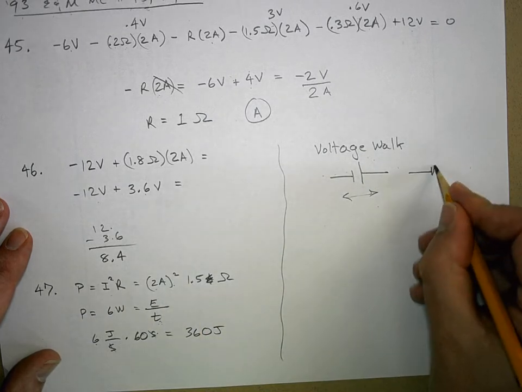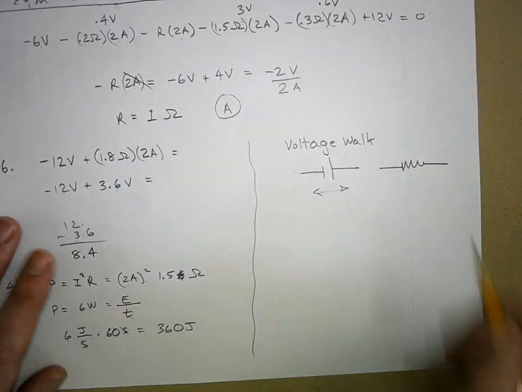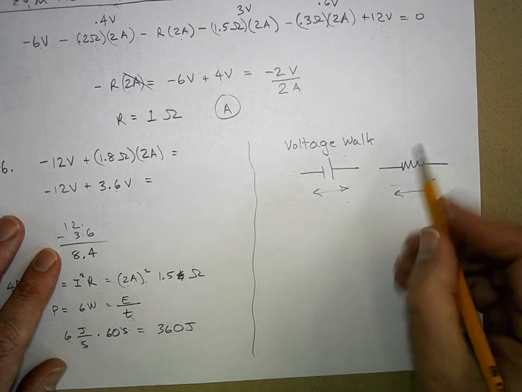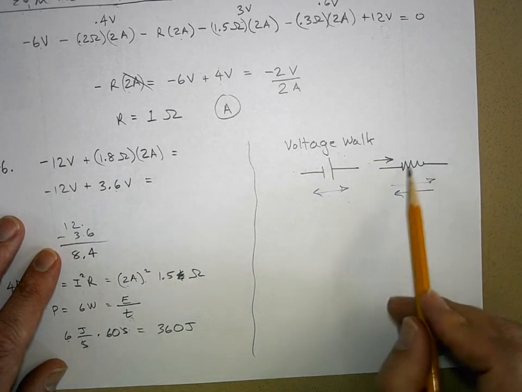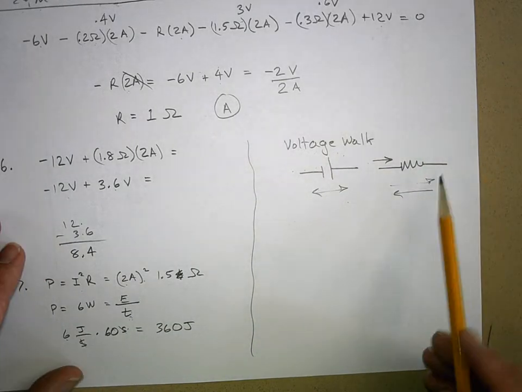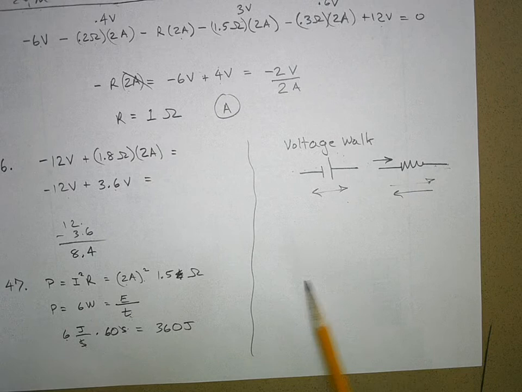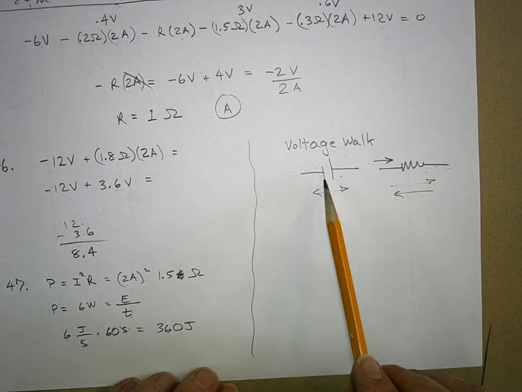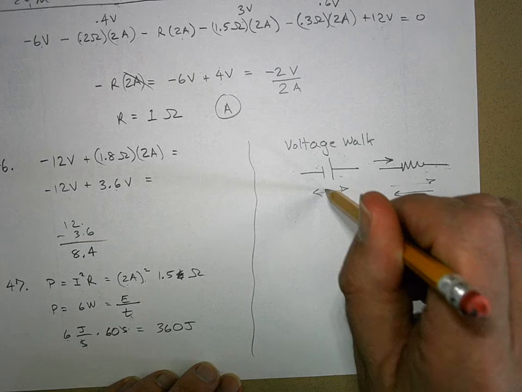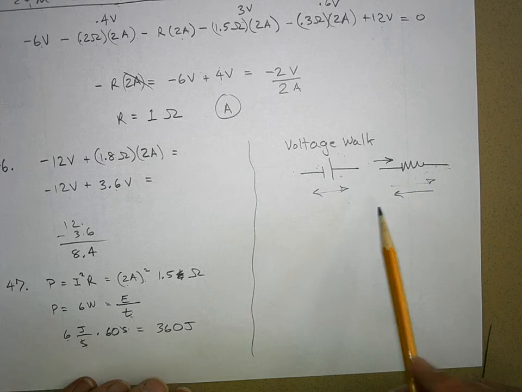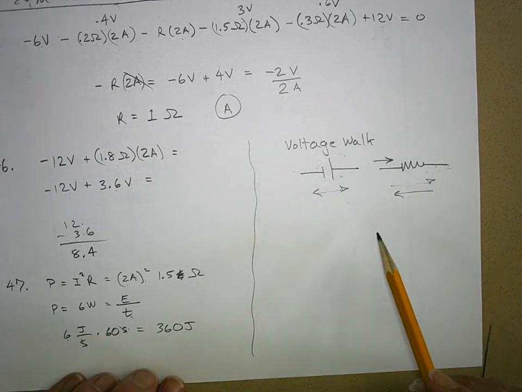For resistors, you need to know when it is a voltage gain and when it is a voltage drop, depending on the direction of the current. You need to understand how to do these things with electric cells, resistors, also with capacitors and inductors; you need to know how to step up or step down in voltage as you're going on a voltage walk.